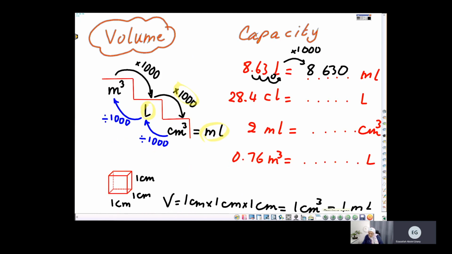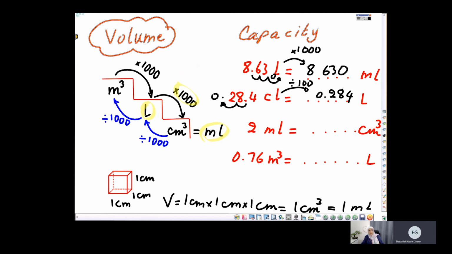Don't forget, from centiliter to liter, we divide by 100 because the word centi means cent. Divide by 100, you will move the decimal point backward to be a small value. It is 0.284 of a liter.